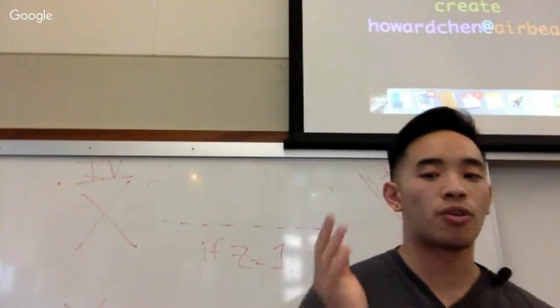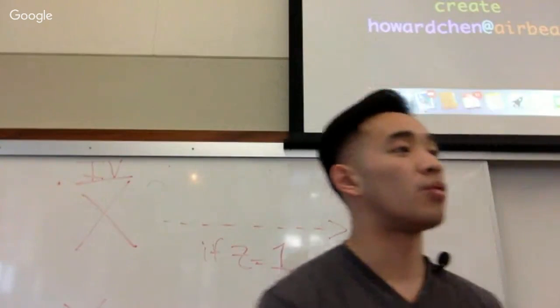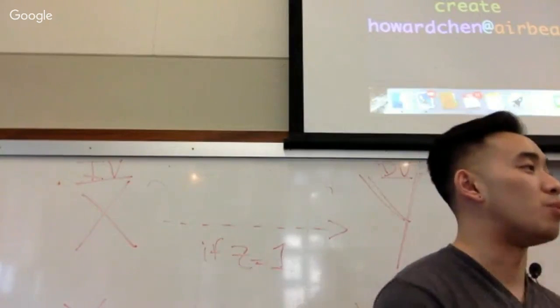I'm going to say it has a name, which is a string, and an email, which is a string. Press enter, and bam, it creates both the migration for adding a user table into my database, and creates the user model, which is what my Ruby application can actually access.